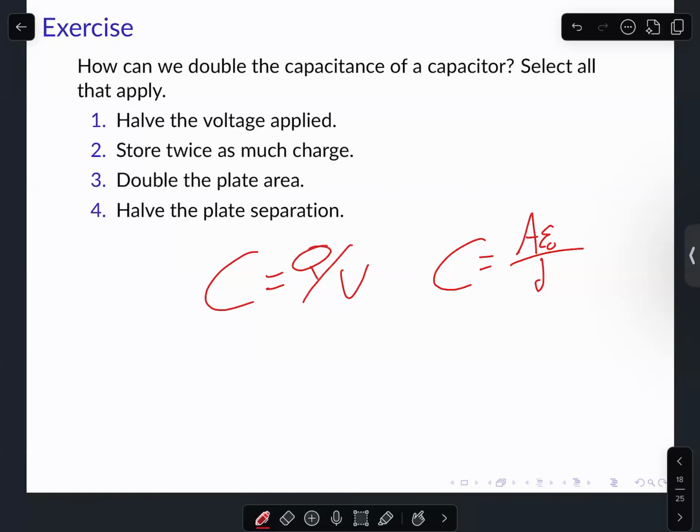Your pay rate, capacitance in this example, how many dollars per hour you make, that's a function of how much our capitalist overlords like you, or your qualifications, I don't know. How many dollars per hour you make is not controlled by the time that you work and your total wages, your total earnings for the week.